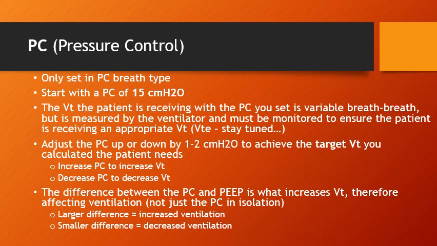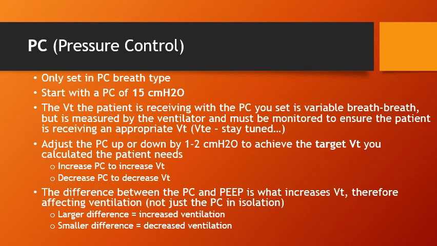But say instead of leaving our PEEP at 5, say we also increased our PEEP to 10 in addition to increasing our pressure control to 20. Okay, so now the difference between those two numbers is 10. Well, that's what it started out as. Our numbers before were 5 and 15 with a difference of 10. Now they're 10 and 20, still a difference of 10.